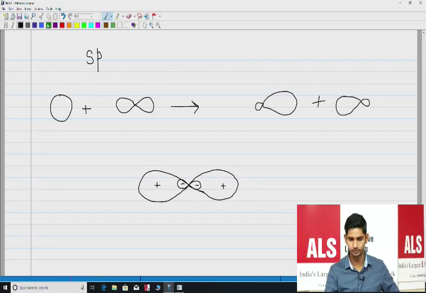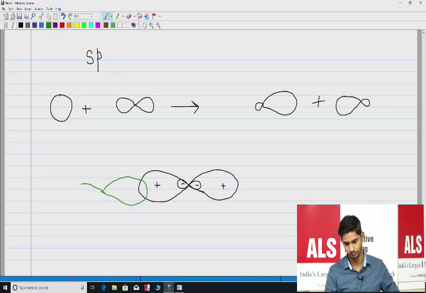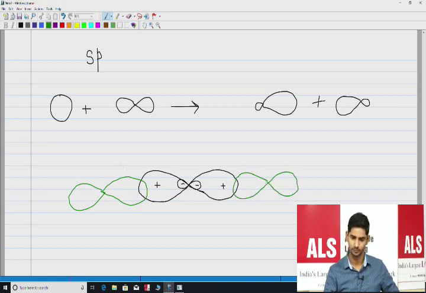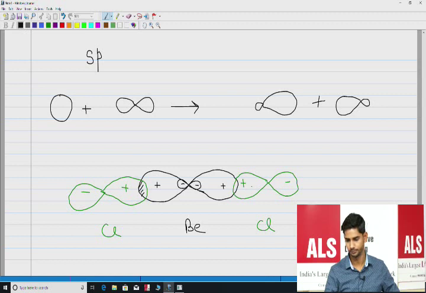Okay. So what can we do? I'll draw the p orbital. This is positive, negative, positive, negative. See, this is chlorine, this is chlorine, this is beryllium, and this is your bond.